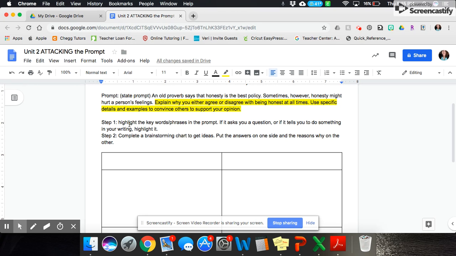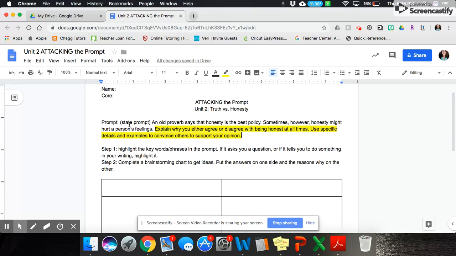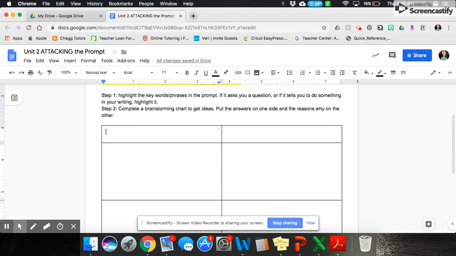Step 2 says that we are going to complete a brainstorming chart to get our ideas. So on one side of our chart, we're going to write the word, and I'll make this big so it's easy to see, you're going to write the word position.